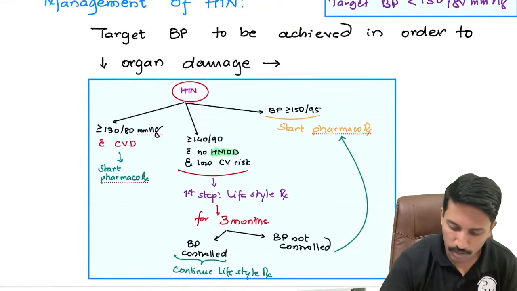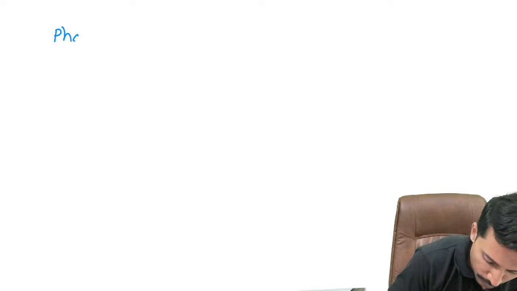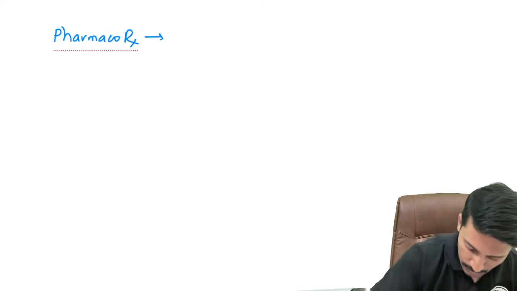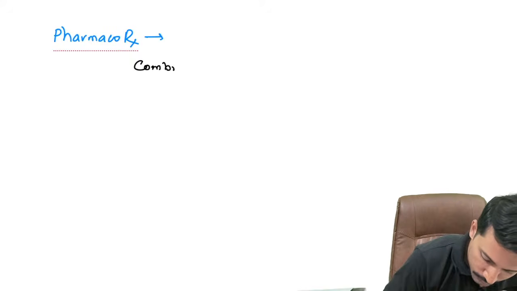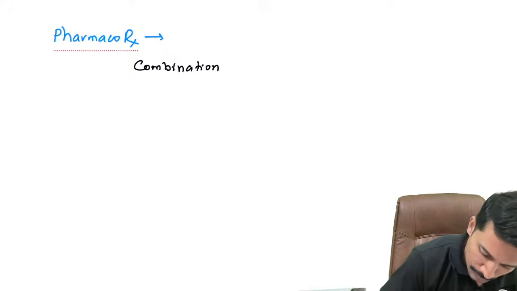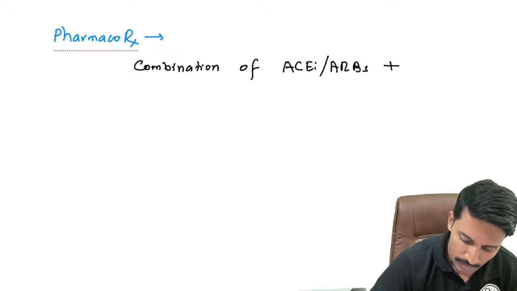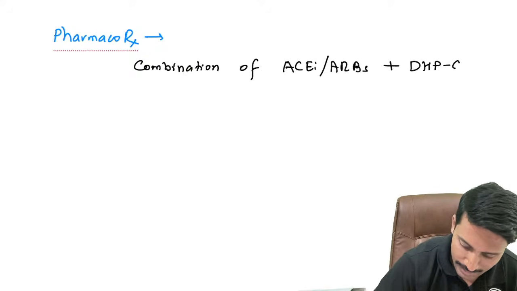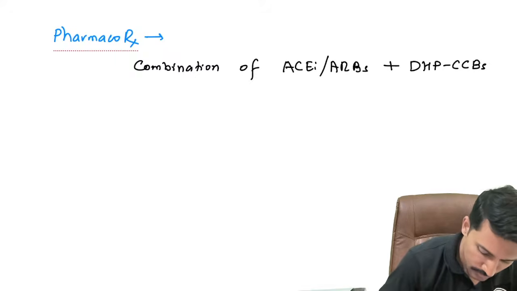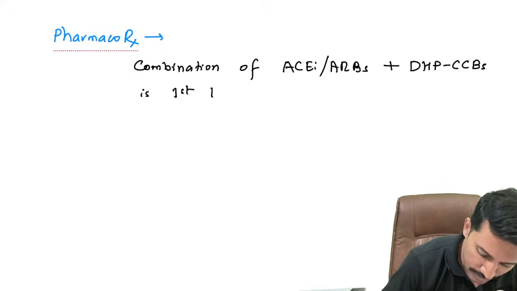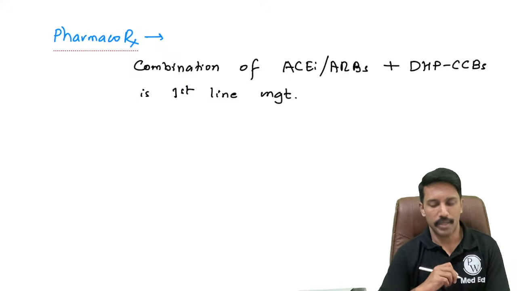Now the question is, what pharmacotherapy can we prefer? When pharmacotherapy of hypertension is required, a combination of ACE inhibitors or ARBs plus dihydropyridine calcium channel blockers is first line management. So we do not give a single drug. It is the first line management, right?